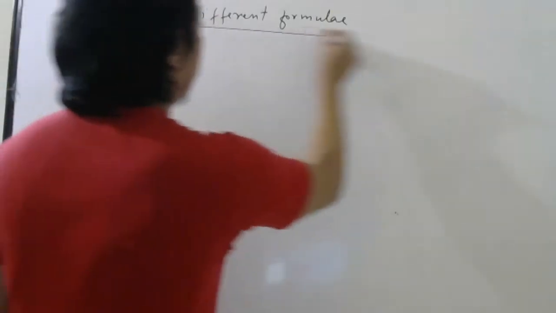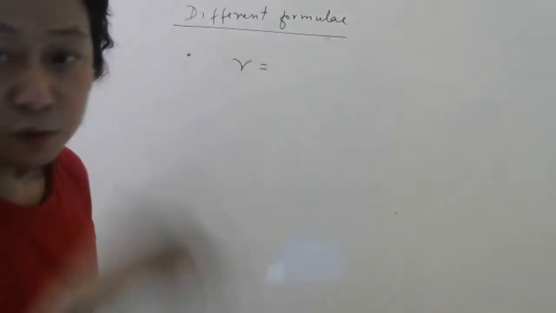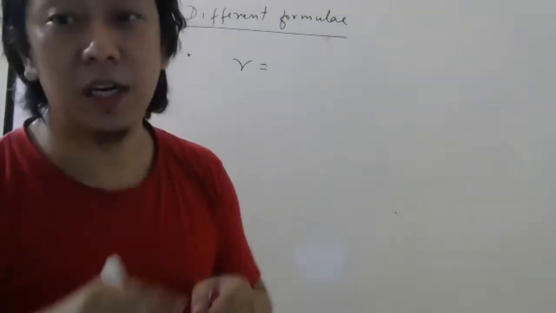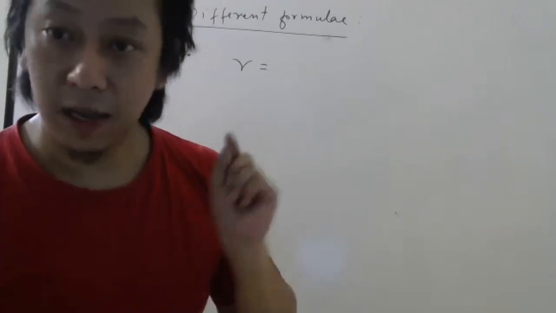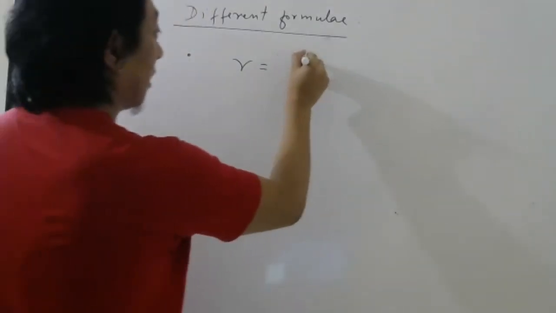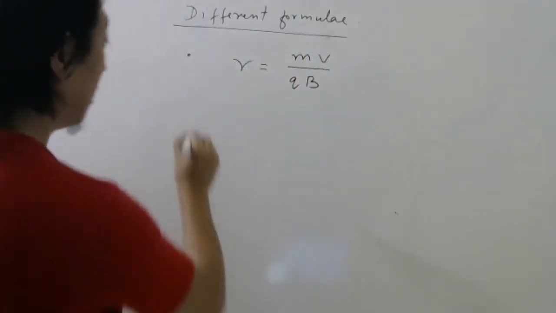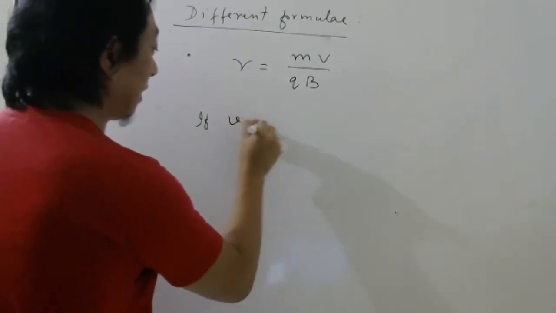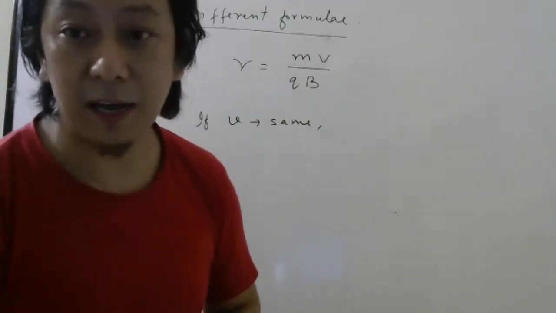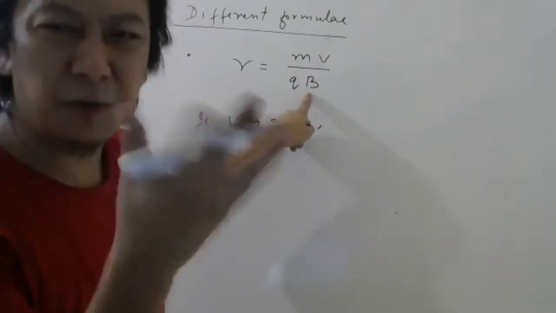Look carefully. The first formula for the radius of the circular path when a charged particle enters perpendicularly to a magnetic field, I have shown the diagram. It was moving perpendicular. The formula is mv by q. Right, students? Now, if they say v is the same, that is, all the particles are moving with the same speed, the magnetic field will be the same for all of them.